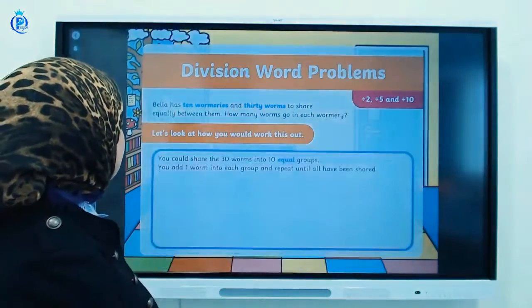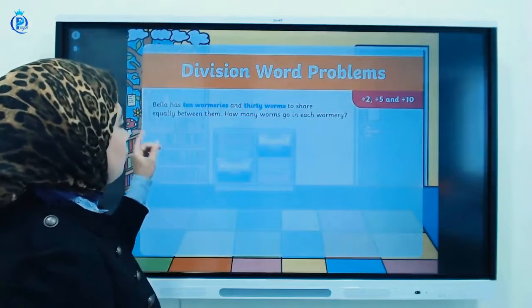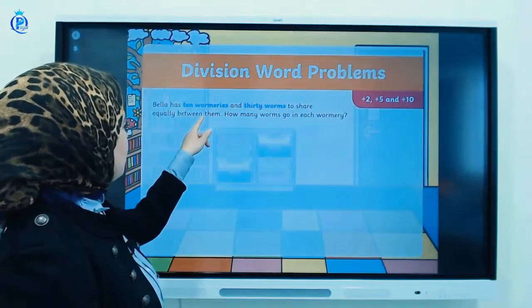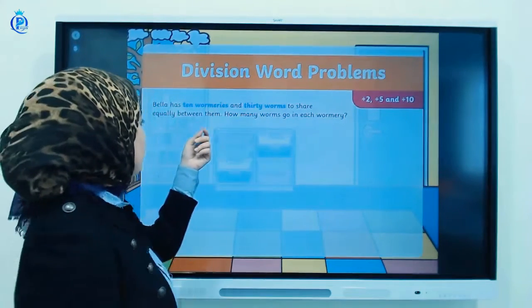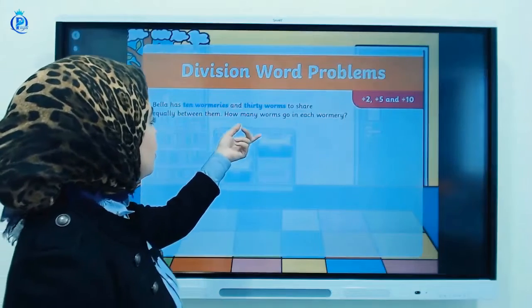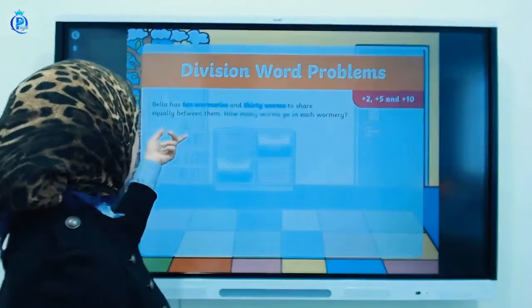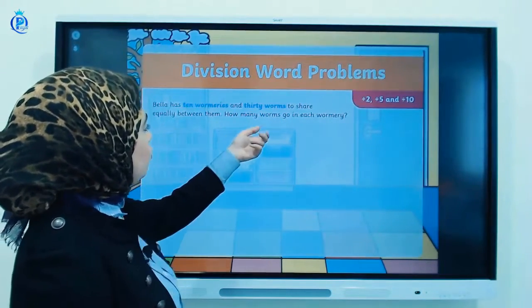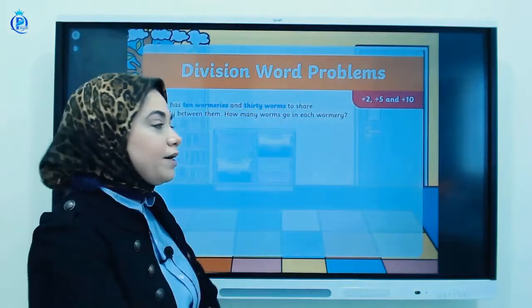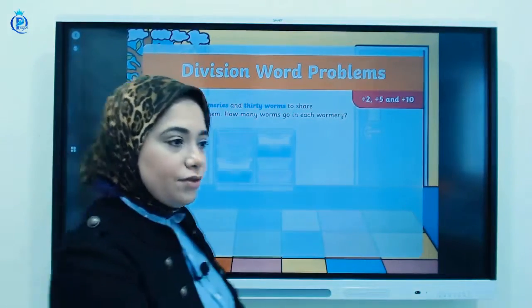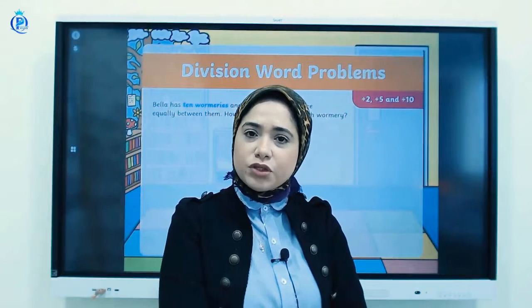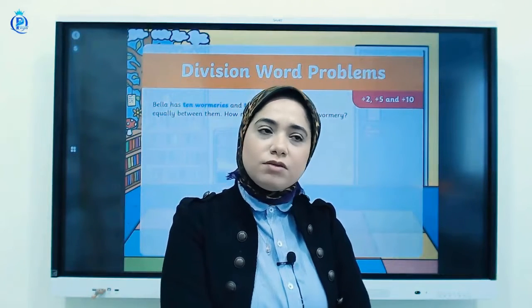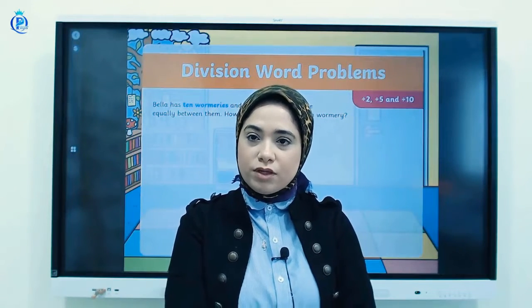Now, Bella has 10 wormers and 30 worms to share equally between them. How many worms go in each wormer? Is this a division story problem or a multiplication story problem?